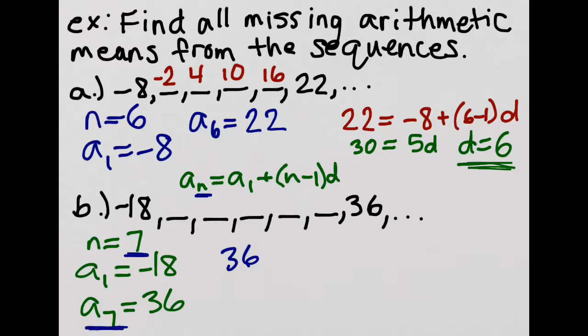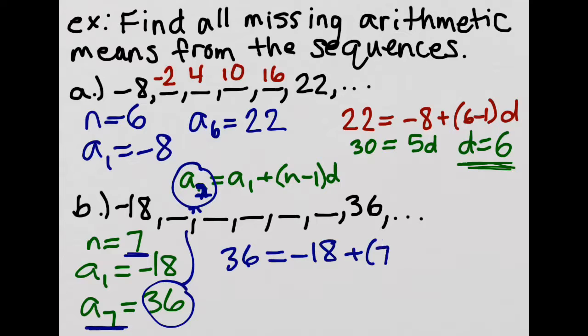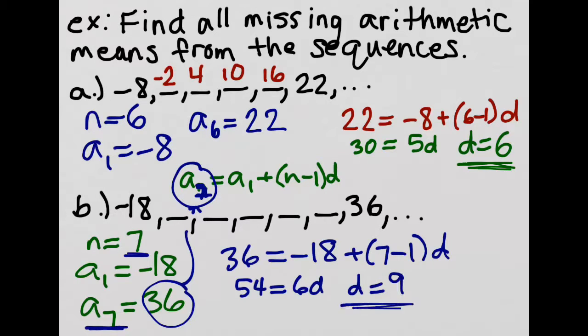So 36 equals a of 1, which is negative 18, plus n minus 1, so 7 minus 1 times the common difference, which we don't know yet. So if we add 18 to both sides, 36 plus 18 is 54, and that equals 6d. So 54 divided by 6 is 9, so the common difference is 9. That's our crucial information that we need in order to fill in the blanks.